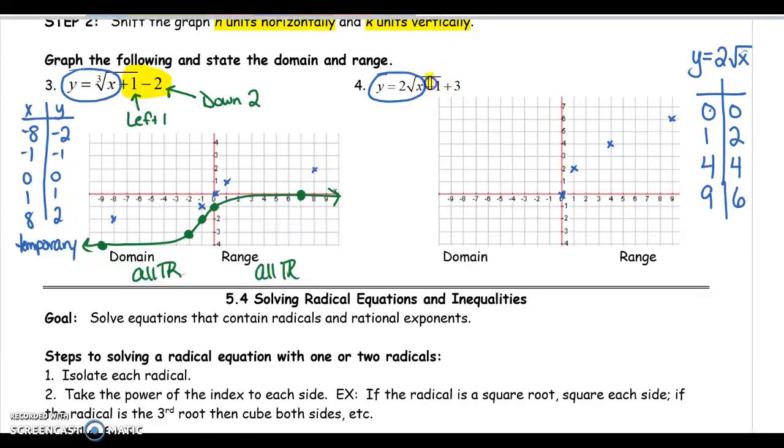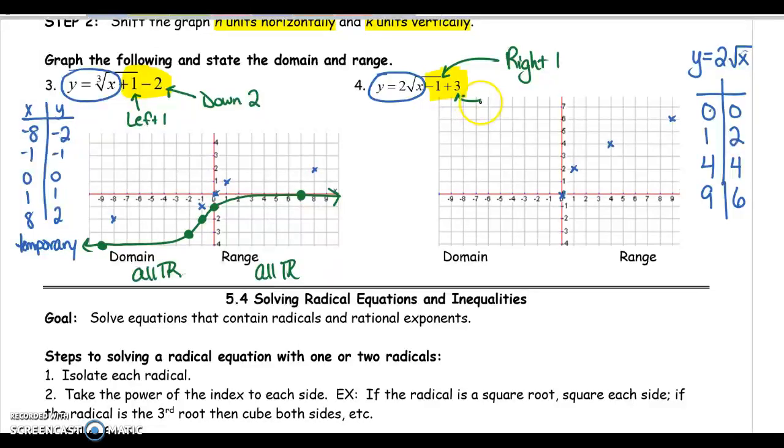Now we can think about how we need to move those temporary points. So in this equation, what does the minus 1 do to our graph? Minus 1 underneath the radical means horizontal movement, and horizontal movement is backwards. So minus 1 means we're going to move each point right 1. The plus 3 is not under the radical, so it's going to move the graph up or down.